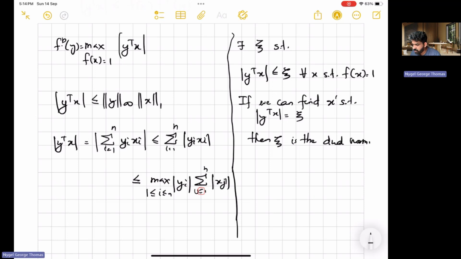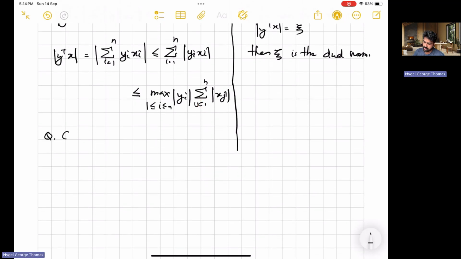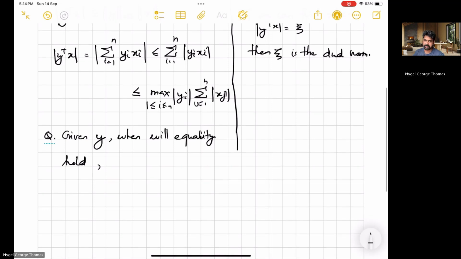Here we have some inequalities, but we have to see where the equality condition holds. The question we have to ask is, given y, when will equality hold, where x is such that the L1 norm of x is equal to 1?